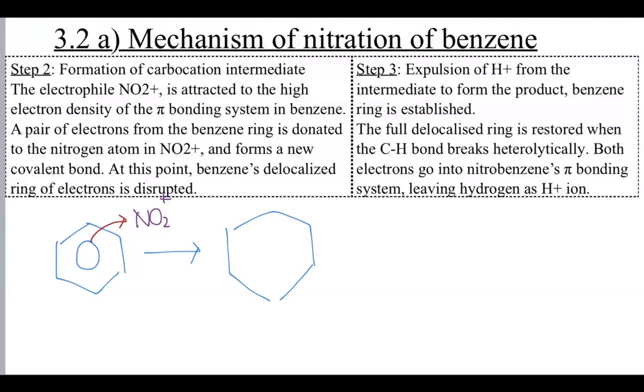The electrophile, the nitronium ion, sits on that carbon. Now it becomes carbon number 2.